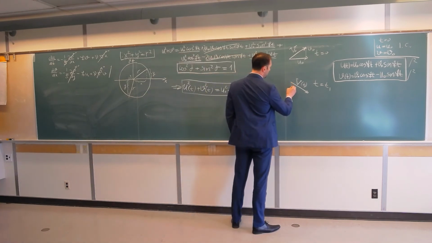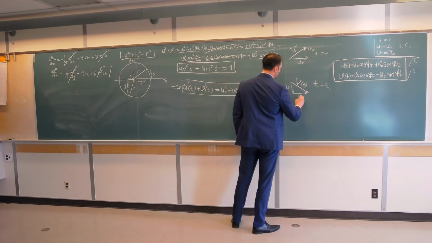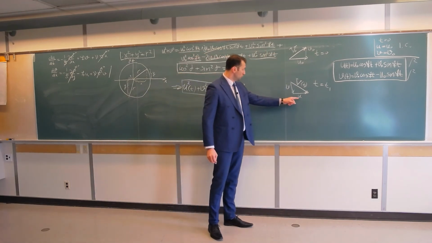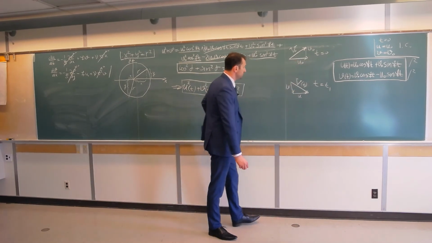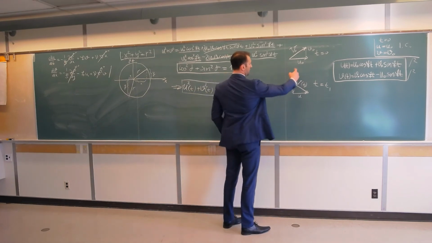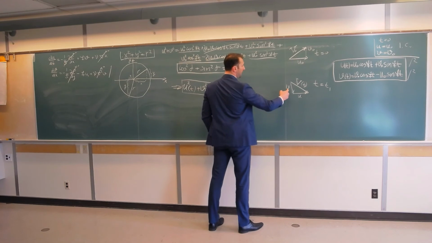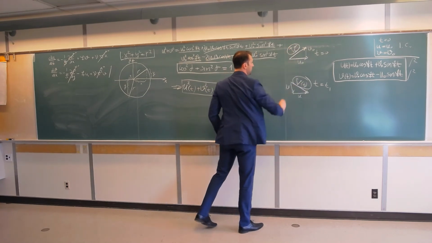Well, I would have this to be my v component and this to be my u component. Clearly, this u is similar to u naught, but this v is definitely not the same as v naught. They have opposite sense. But when I square these two and I square these two, I get the same V of t.